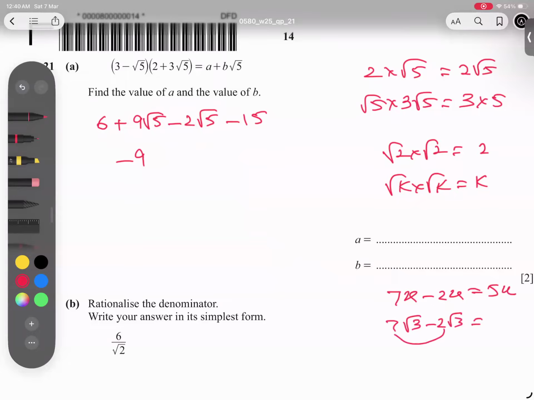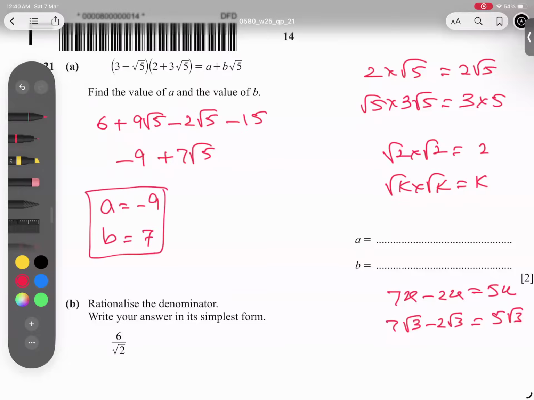What will I say? 7 minus 2, I get 5 root 3. I believe the point is clear. Same here. Out of 9, 2 gone, I got 7 root 5. So I'm writing here 7 root 5. If I compare, root 5 is the same, so B is 7, and this is the A value. So Alhamdulillah Rabbil Alameen, I got this answer, and I believe the point is very clear.